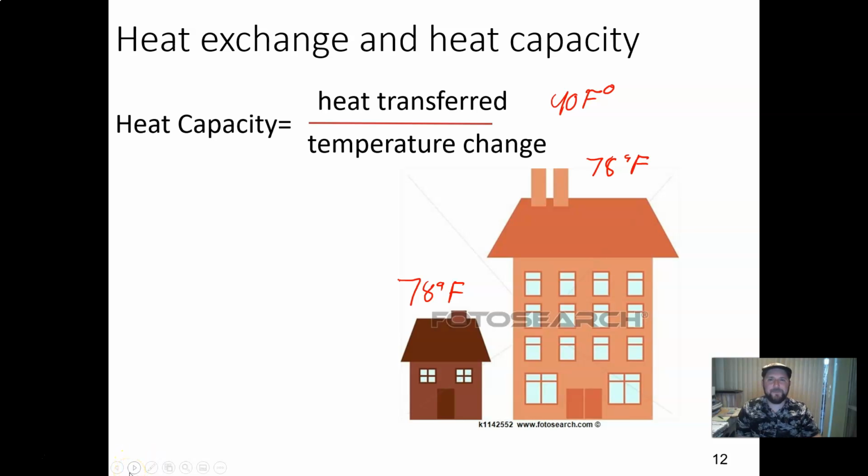So a heat capacity relates heat transferred, a total amount of energy, think in joules, divided by the temperature change. And so what would we say? Well, if it would take more joules to exchange the heat for this thing, say we were wanting to warm it from 78 to 90, we would have to add more joules.